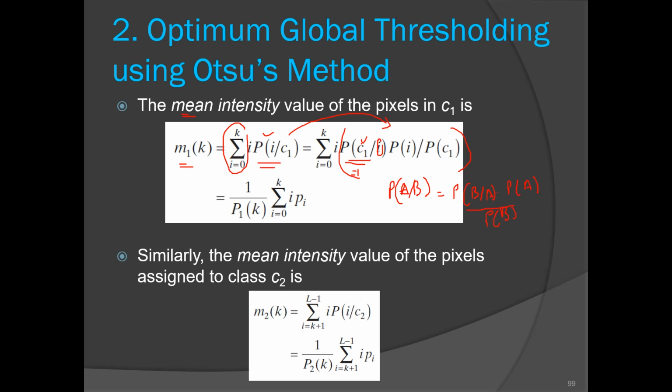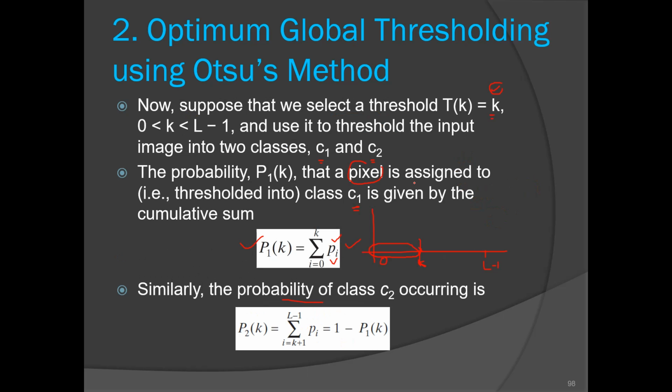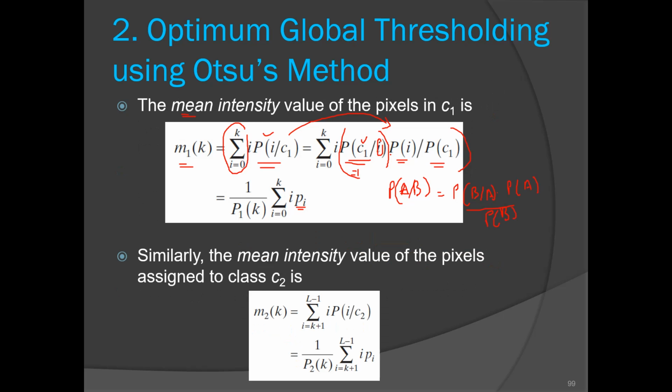So this part is 1. This p of i is represented by this small case notation, and this probability of class C1, which we calculated here, is represented by P1(k), so that is taken outside.